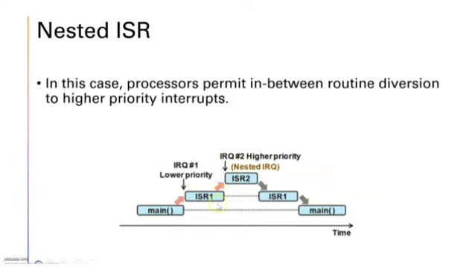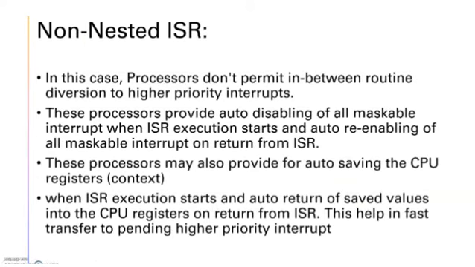This type of ISR is called preemptible, and the process is called preempting. But if interruption in between is not allowed, it is called non-preemptible, or it cannot be preempted. So these are two terms you can find along with interrupts.